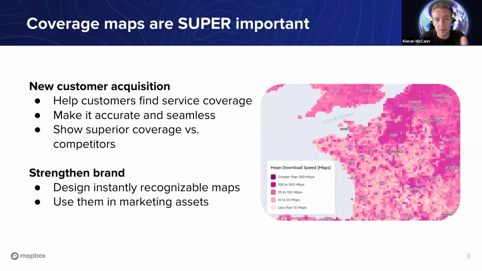But more importantly, I think that this is a new customer acquisition tool. One of the things that customers immediately do when they're looking at switching carriers or signing up for a new service is, do I have coverage at my house? Do I have coverage at work? Do I have coverage at my vacation spot that I go to every year? I want to know, am I going to be able to use the services that I need every day with this new carrier or with this new network?